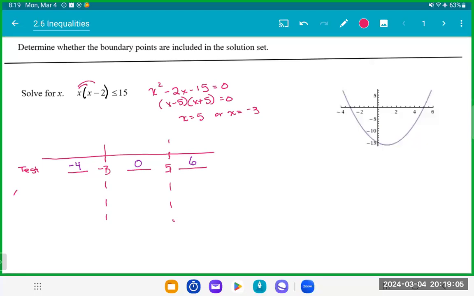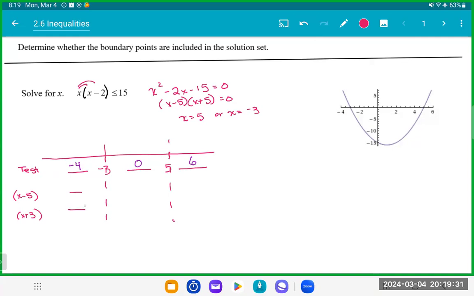We have the x minus 5 and we have x plus 3. So if I plug negative 4 into each of these, I get negative 4 minus 5. That's going to give me a negative value, negative 9. If I plug negative 4 into this one, I get negative 4 plus 3.